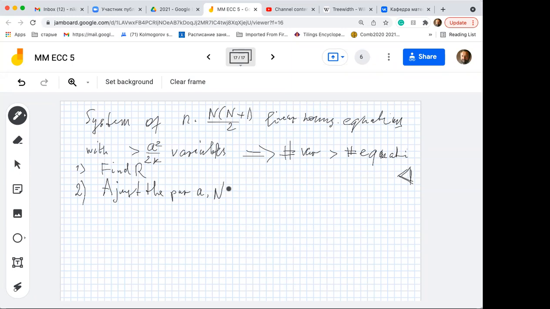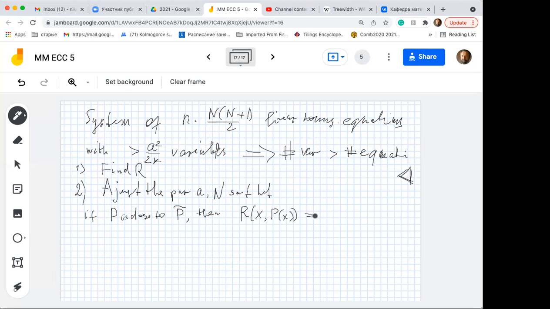On step 2, we want to adjust our parameters A and N so that if P is close to tilde P, so the number of errors is small, then the polynomial R, in which we substitute P of X for Y, is actually 0.